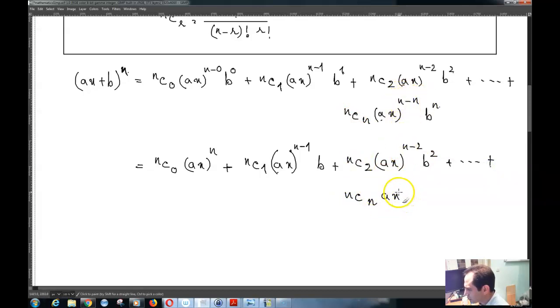So the whole thing would be 1, and b raised to the power n. Raised to the power 0 is equal to 1, so I don't have to write it anymore.